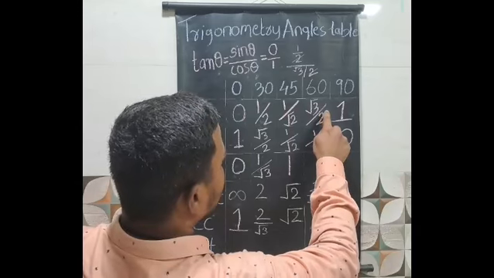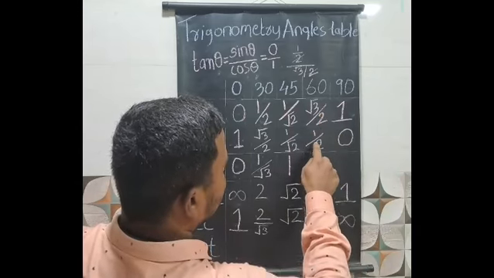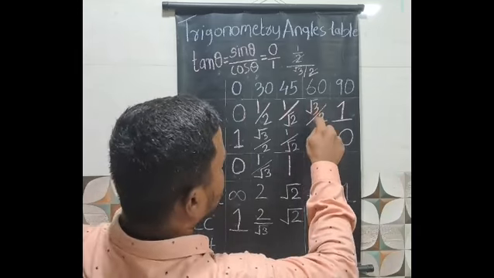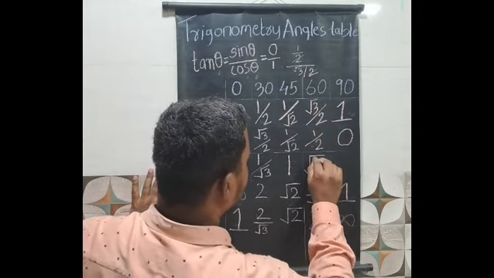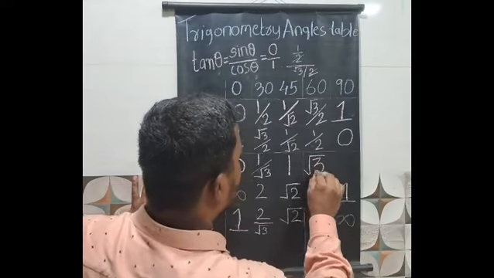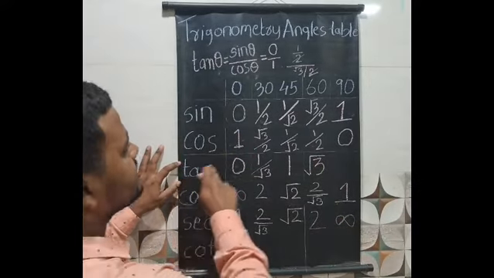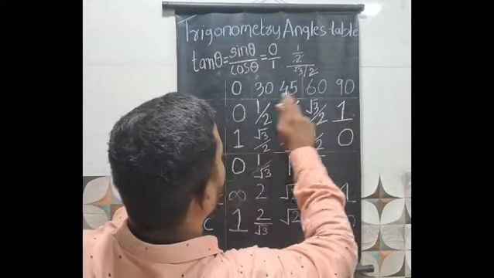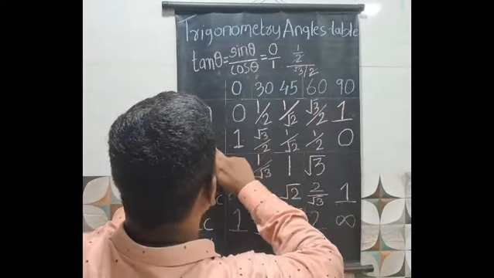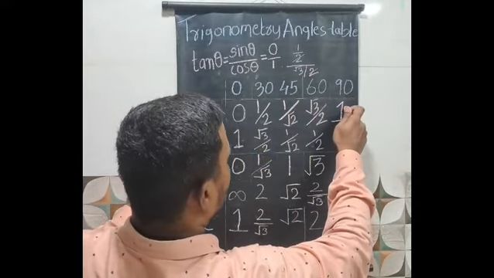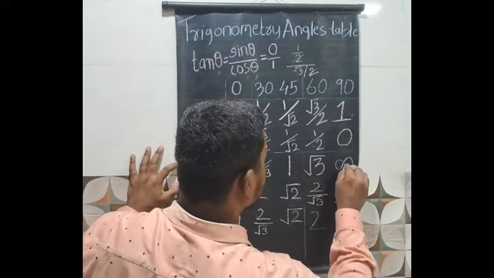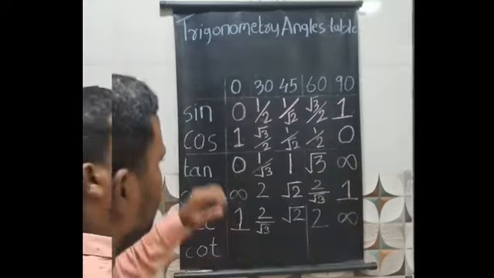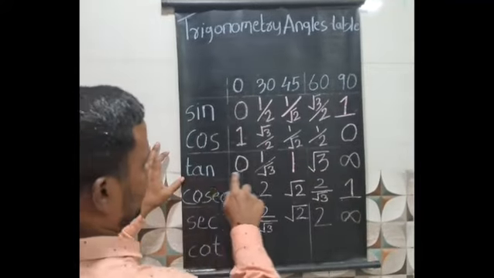The 2 and the 2 will get cancelled, and we are left with root 3 upon 1, so it will be simply root 3. And tan 90 is sine 90 upon cos 90, which is 1 upon 0, that will be infinity. So we have derived the values for tan.